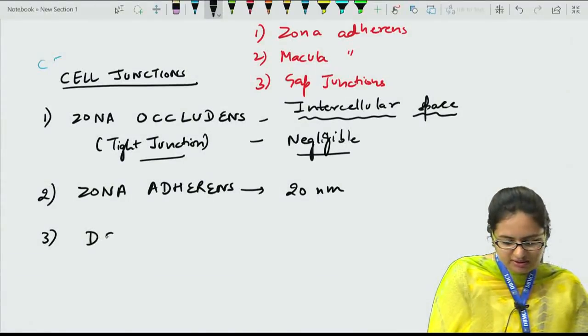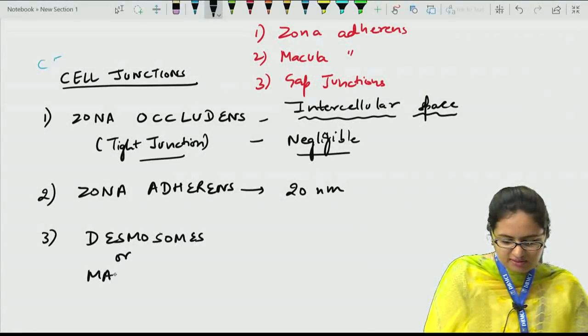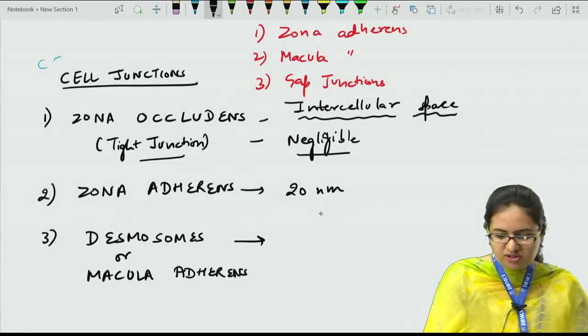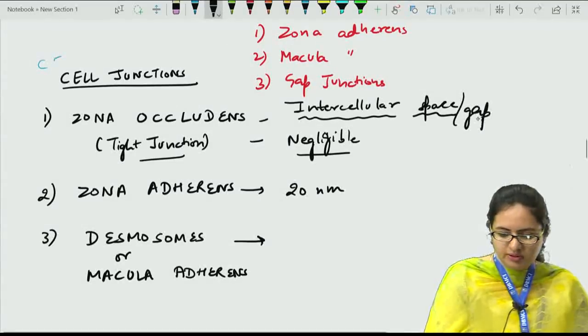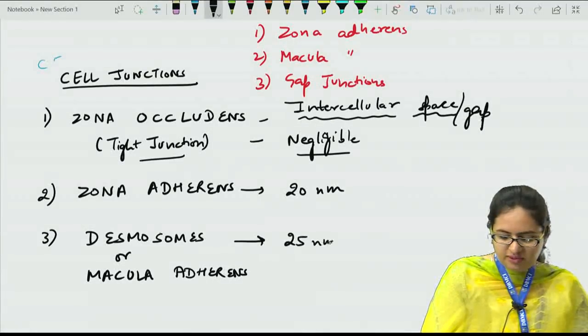Then the third one is the desmosome, which is the most important. It is also known as macula adherens. The intercellular gap or space is 25 nanometer.